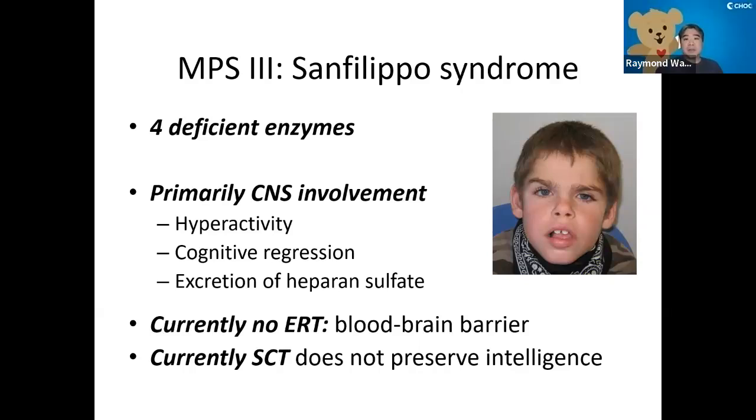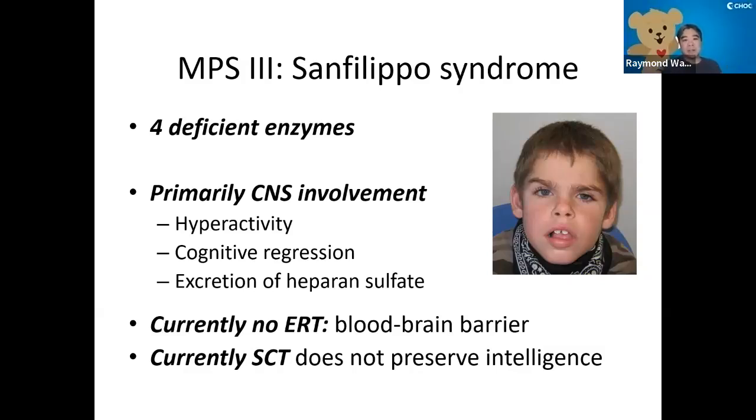Treatment, ERT or stem cell, can both be used in parallel. Which one to try first? Realistically, you're going to be doing both at the same time. The process for a stem cell transplant is not immediate. You need HLA typing. It has to go to a stem cell bank to search for matches.